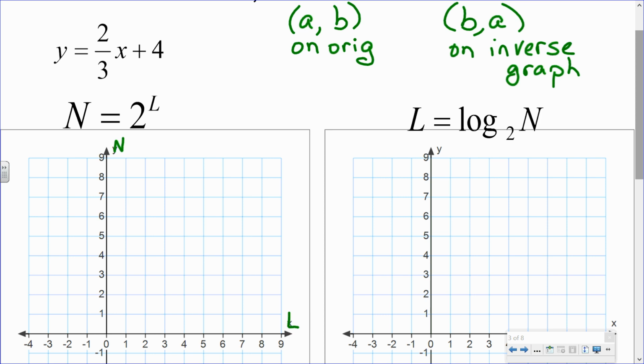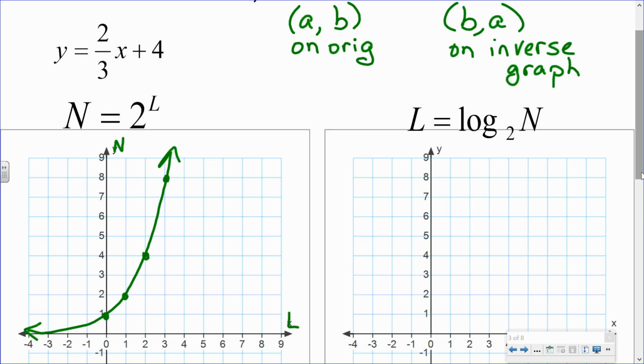You just drew one in the air for me. We've done enough of these, we know. This goes through (0, 1), (1, 2), (2, 4), (3, 8), and we can connect it so that it looks something like that.